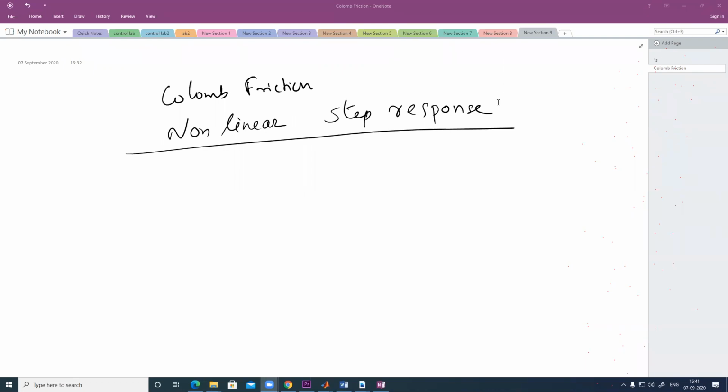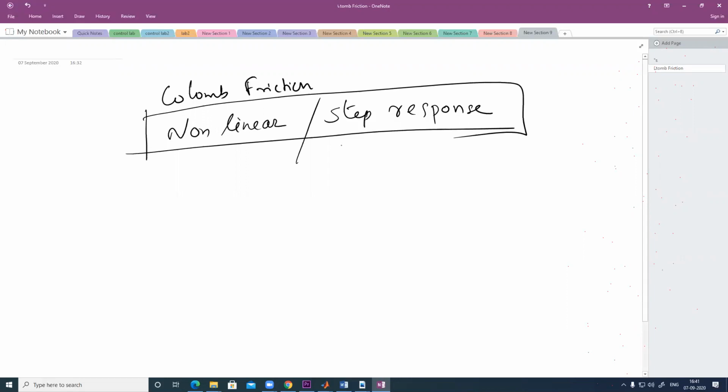Yeah, nonlinear step response differs from linear step response in which way? Anybody can answer.